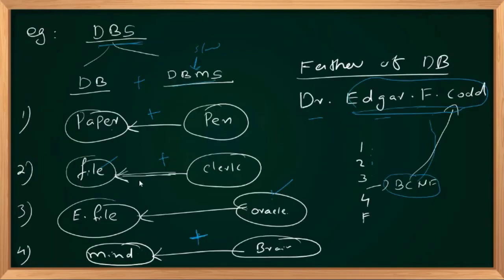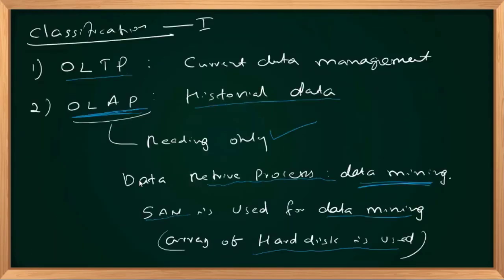Next, we are going to discuss the classification of database management systems. There are different types of classifications. The first one is classification based on how or why data is developed, meaning the purpose of storing the data.